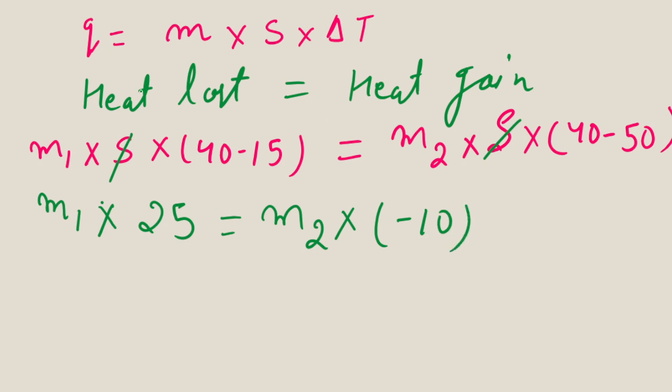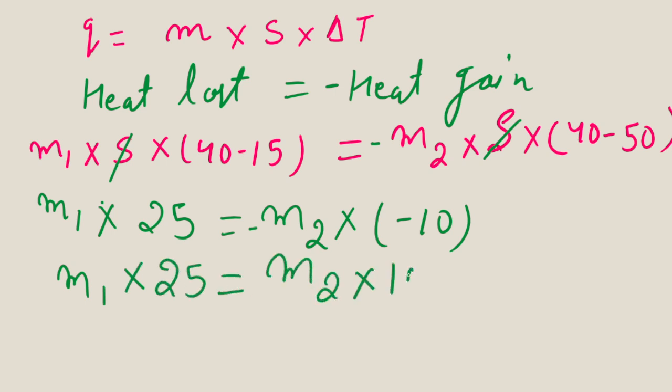It will be minus 10, but here I forgot to add a negative sign because we are talking about heat gain, so it will be a negative process. So negative and negative will become positive. We will get a simplified formula, m1 into 25 is equal to m2 into 10.